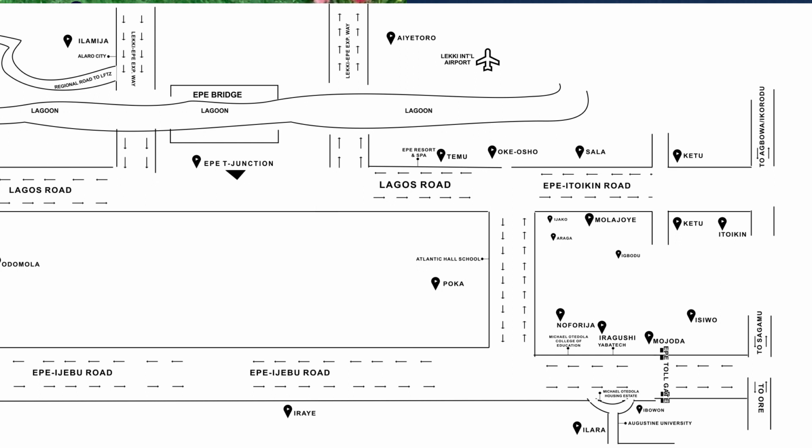Alright, now coming to Epe town, if you have invested in Isimi, it doesn't make any sense for you to buy a residential plot in Dukia. Buy a commercial plot in Dukia, because Dukia and Isimi are almost for the same target audience. These are ways to diversify your investment.